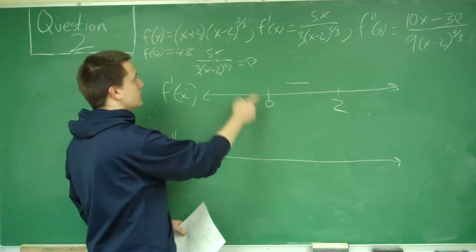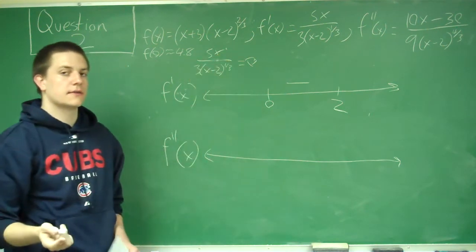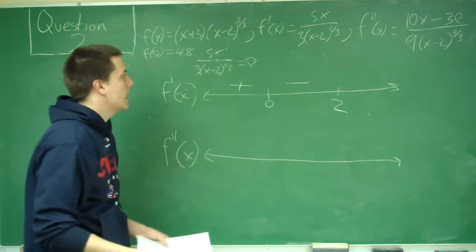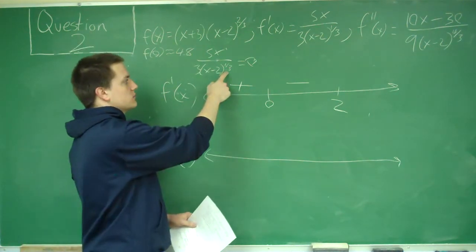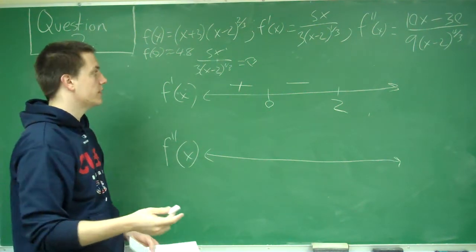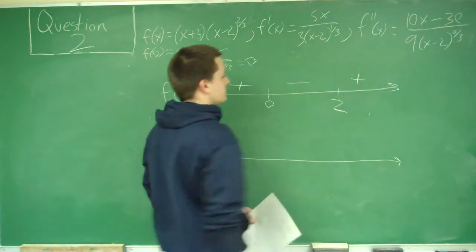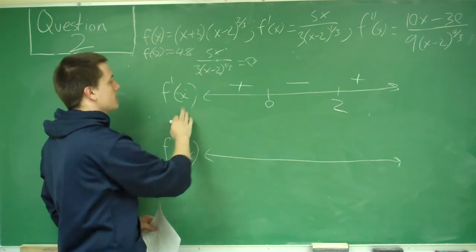At 0, we look at our 0 root. Technically, the exponent on that root is 1, so it's odd. So we're going to change signs. And the other root has an odd exponent as well, because when it's a fraction like that, we only look at the numerator. So this is going to change signs as well. So that is our number line for f prime.